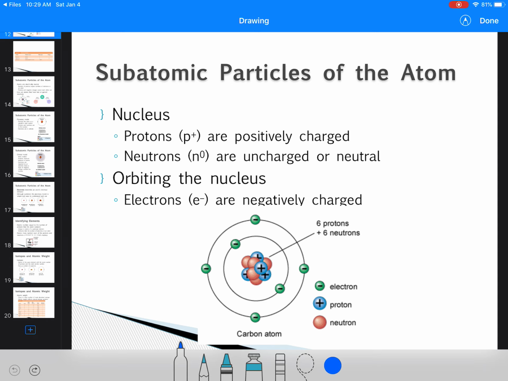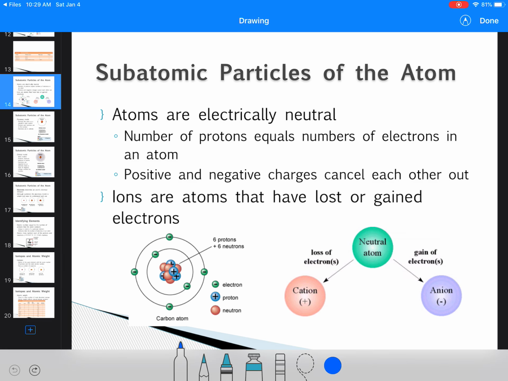But they're going to do whatever they can in order to fill that outer shell. If it's the first shell, it's going to be full when it has 2 electrons, or if it's the second shell or any shell outside of the first, it's going to be considered full when it has 8 electrons in it, okay? So, having said that, let's talk about what an ion is.